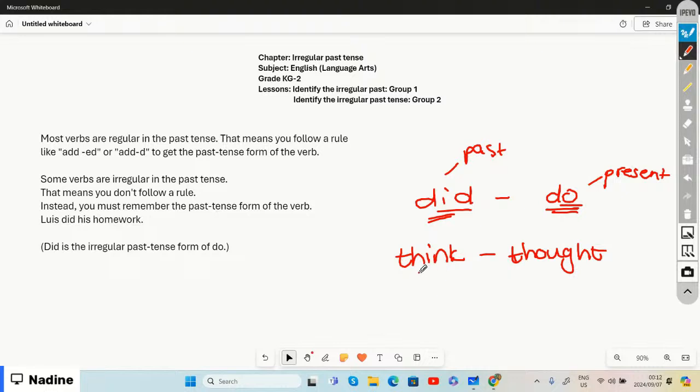As you can see how the wording changes, we cannot say, okay, add an ought to the word, because the words change all the time. That is why, once again, you are just going to have to remember the past tense form of that verb when it comes to the irregular past tense.